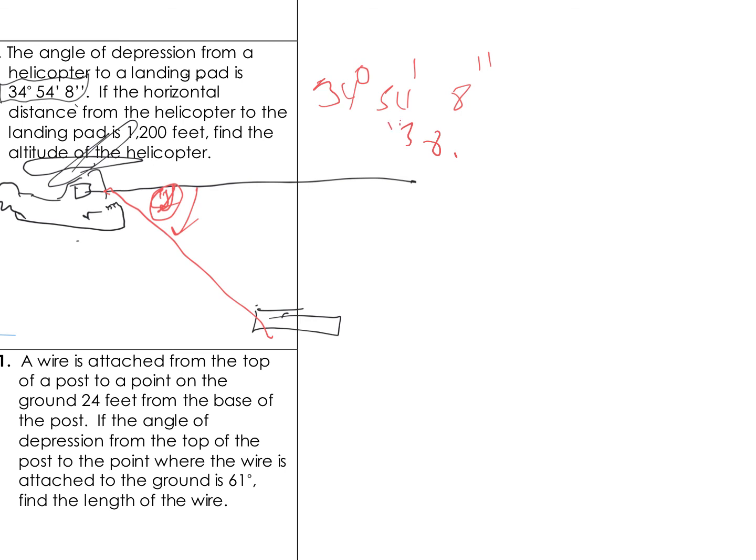Do I multiply it by 60 or divide by 60? Divide by 60. So it's going to be 34 plus 54 divided by 60, plus 8 divided by 60.